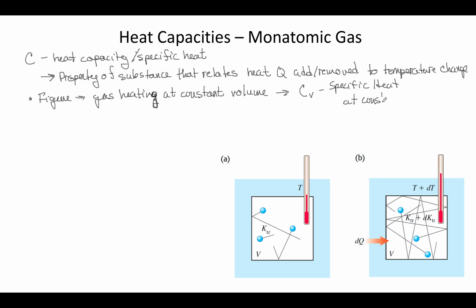Because for a gas, you can have many different processes. You can have constant volume, constant pressure, etc. And so we have to differentiate between the two to be able to have a nice, neat form of our heat capacity. Recall the heat needed to change a substance's temperature.